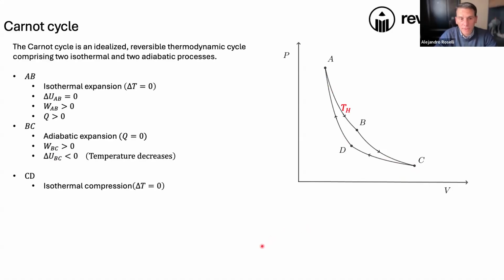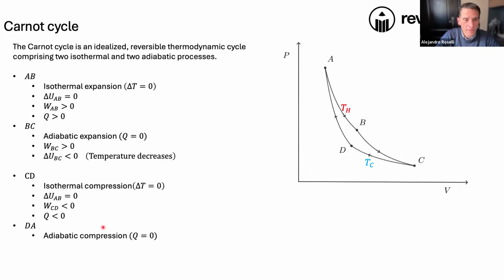We have an isothermal compression along CD at a temperature represented as TC, the cold temperature, with which the system exchanges heat. No variation in internal energy, negative amount of work, and heat is extracted from the system. Q is negative. Finally, DA, similar to BC, is an adiabatic compression.